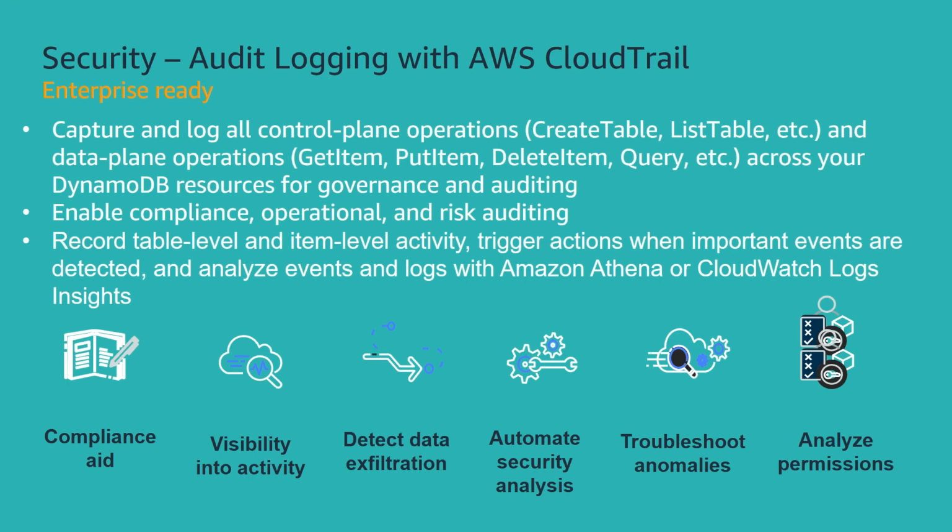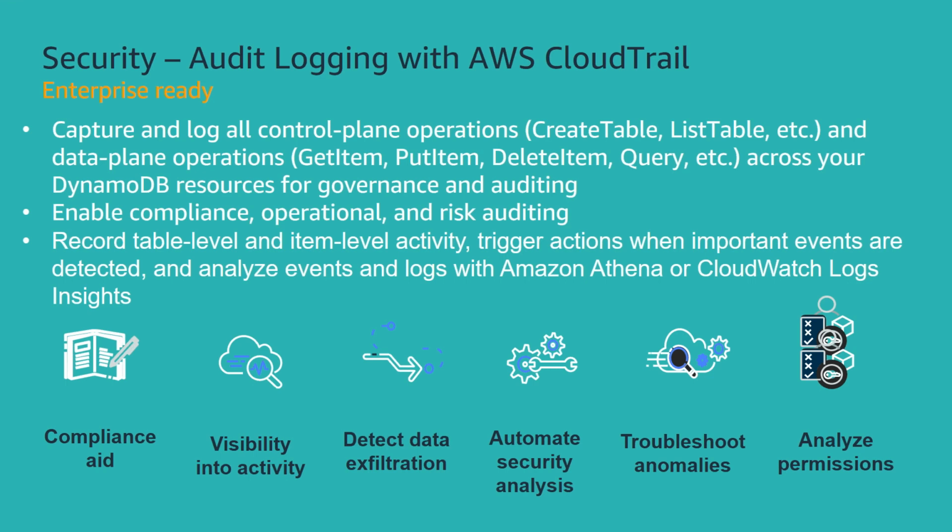And AWS CloudTrail, you're probably familiar with that service again. It's a service that enables governance, compliance, operational auditing, and risk auditing of your AWS account. With CloudTrail, you will be able to log, continuously monitor and retain account activity related to actions across your AWS infrastructure.